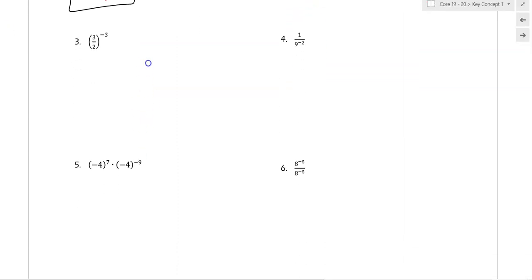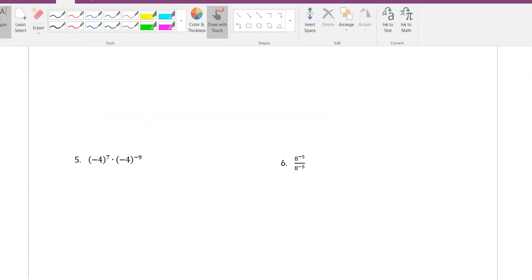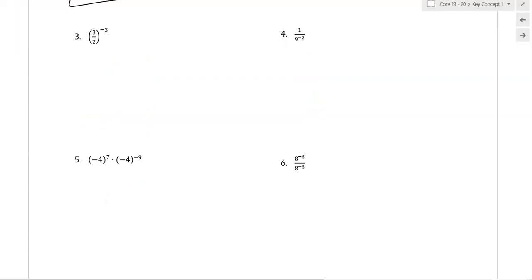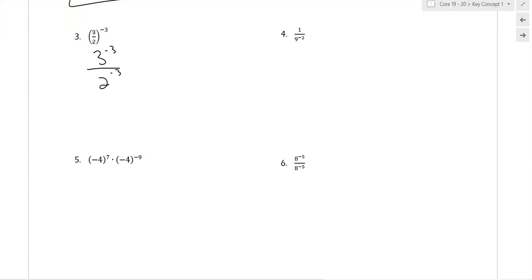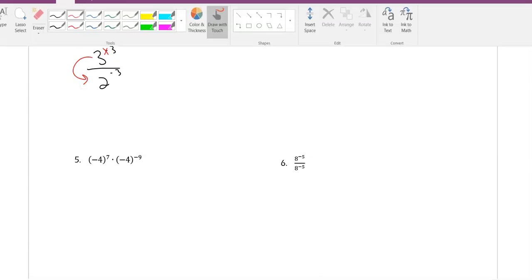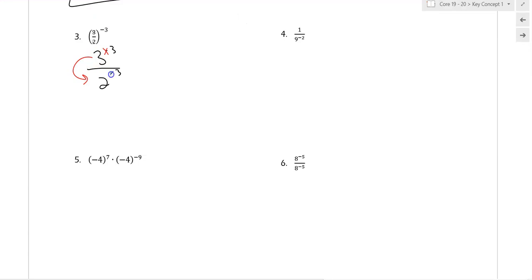Looking at number 3, 3/2 to the negative 3rd. Technically, we can write this as 3 to the negative 3rd and 2 to the negative 3rd. Since there are parentheses, both of these things are being raised to that power. This has a negative, so we get rid of the negative and flip it down. This has a negative, so we get rid of the negative and flip it up.